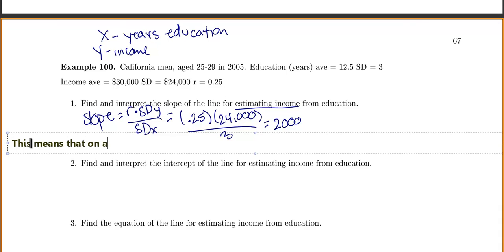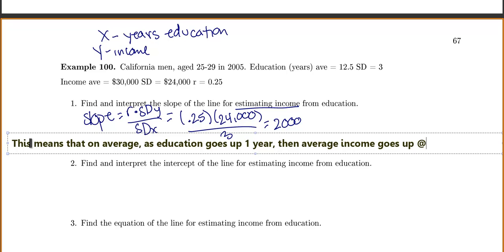This means that on average, as education goes up 1 year, the average income goes up $2,000. Now just keep in mind that this is talking about association, not causation.